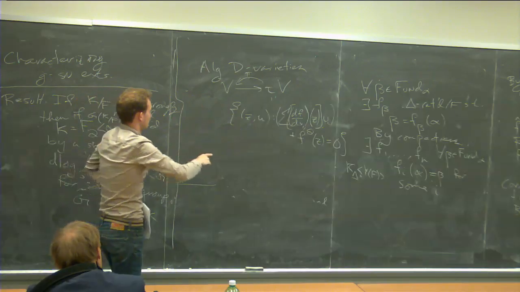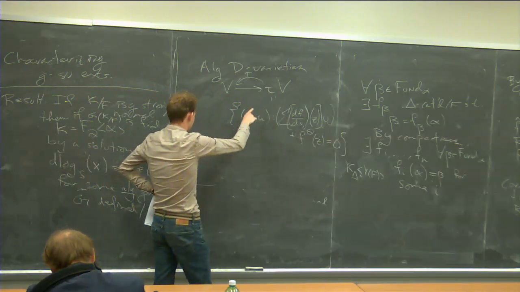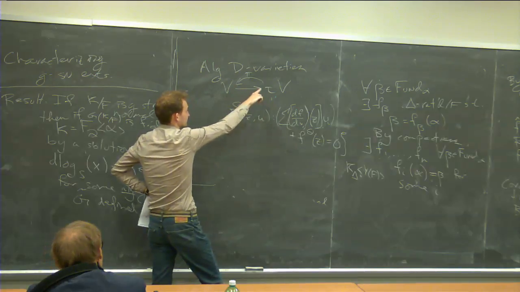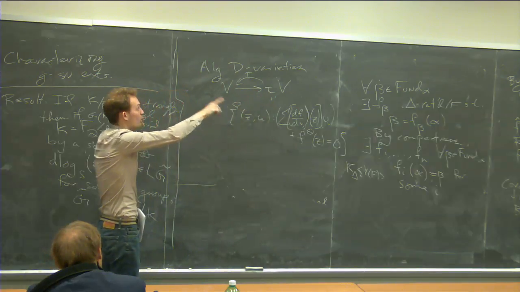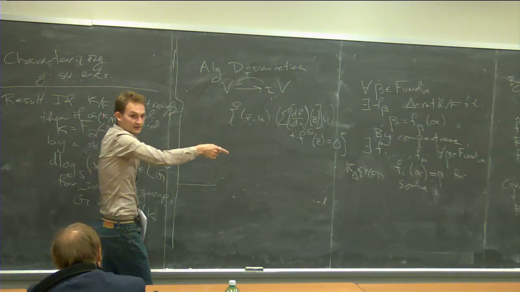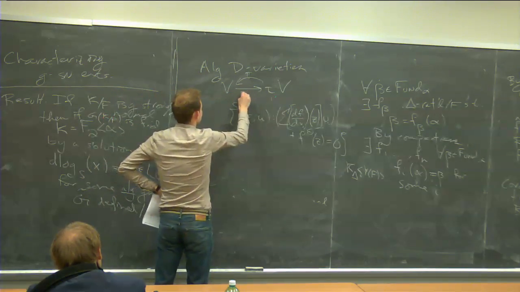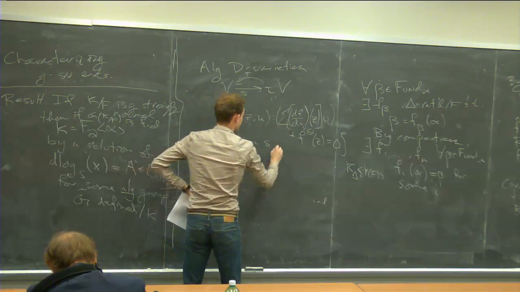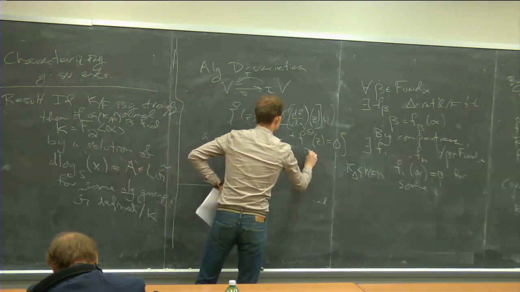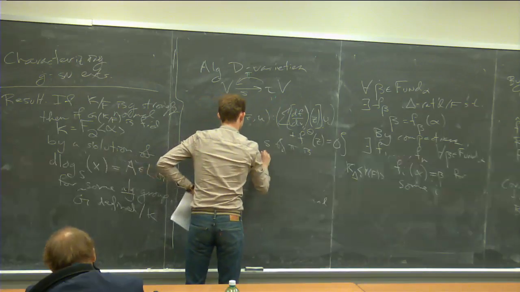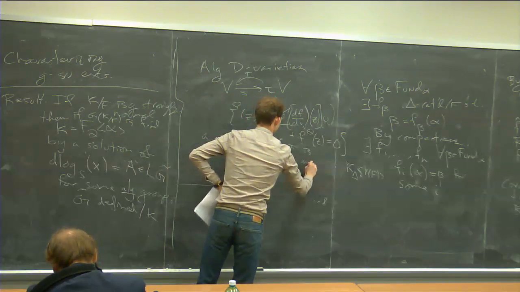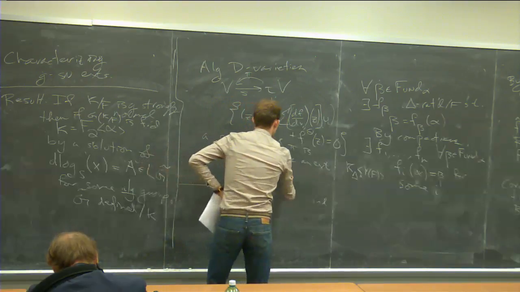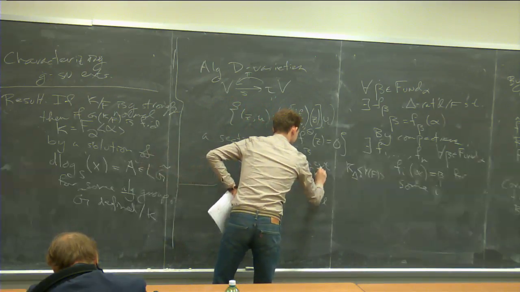And the point is that a section of this bundle induces a derivation on the coordinate ring of V. So a section S of pi is the same as an extension of the derivation to F[V].